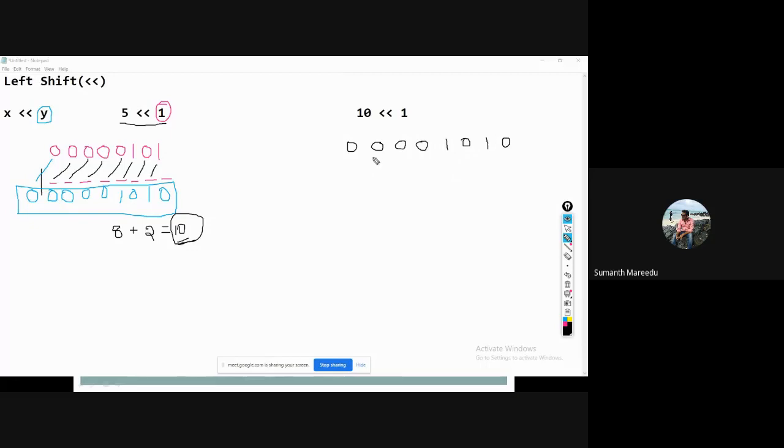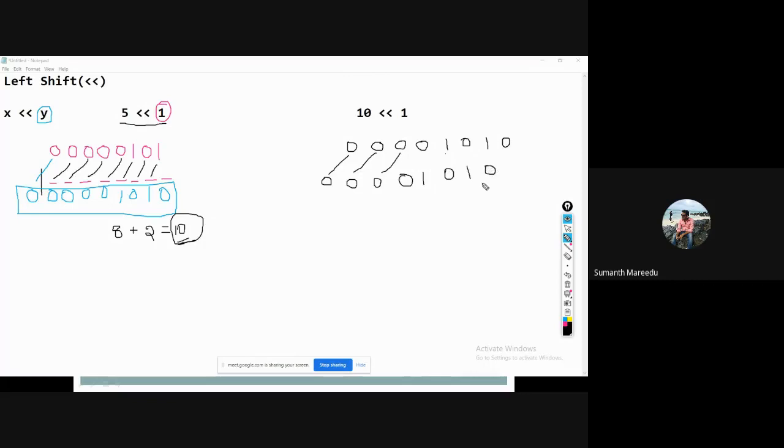So the 8th bit will go to the 9th position, the 7th bit will come to the 8th position, and like this. So here I'll get 1 0 1 0.